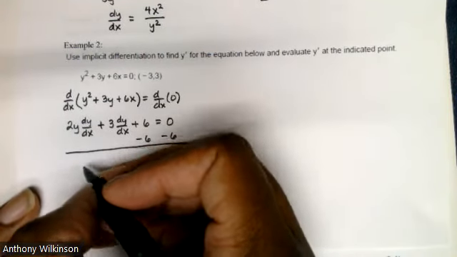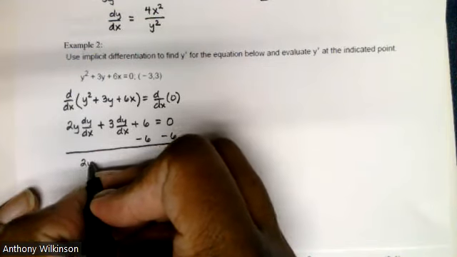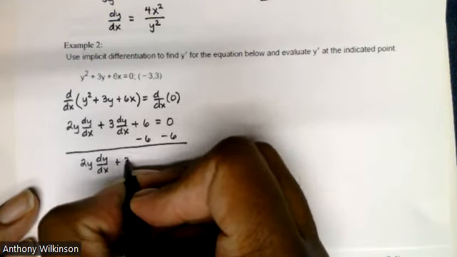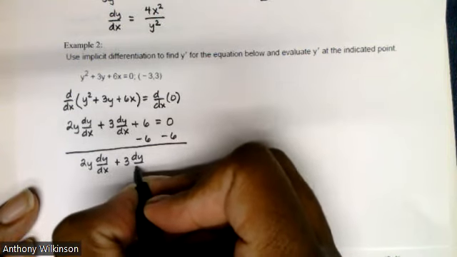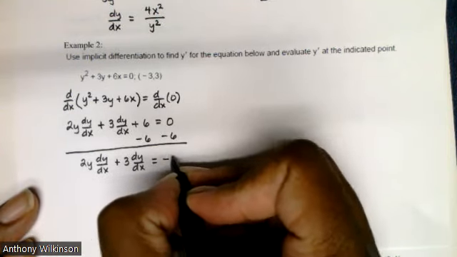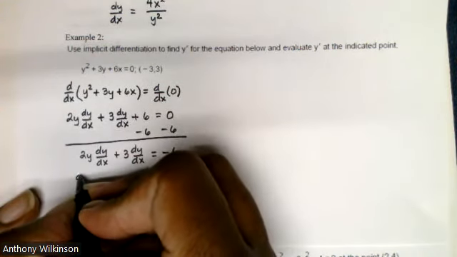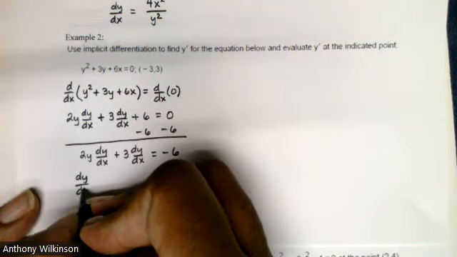So here I'm going to have 2y dy dx plus 3 dy dx equal to negative 6. Now notice I can go ahead and factor out the dy dx on the left side. Both terms have dy dx in them, so I can factor that out.